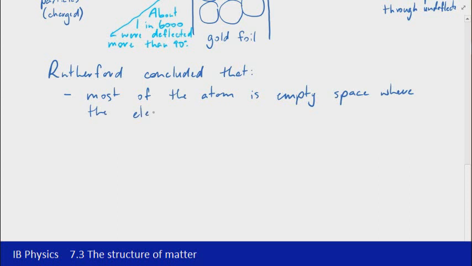So we've moved away now from electrons being evenly distributed through a plum pudding model to electrons orbiting, and the thing that they're orbiting is where most of the mass and where the positive charge is concentrated.